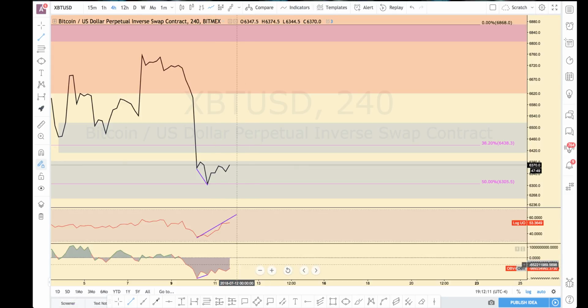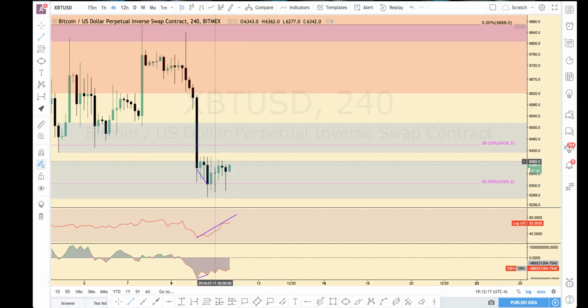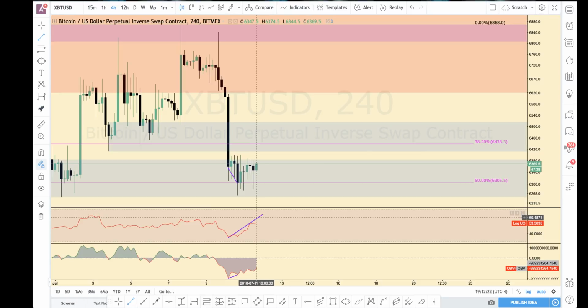So there was less sell volume, less sell pressure, but we were making a lower low. That's a divergence. So I'm expecting this to play out a little more and pop up. And that's my reasoning for the retracement.